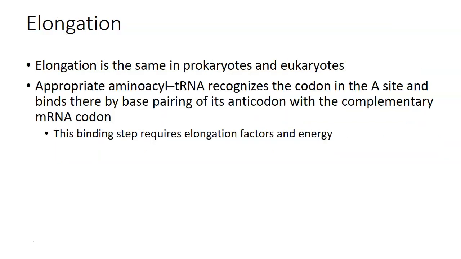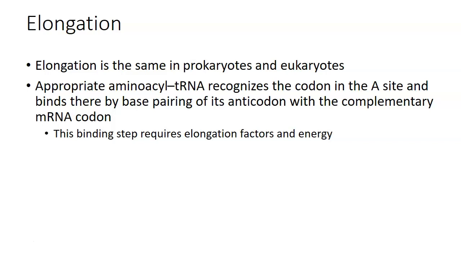After initiation comes elongation, and elongation is going to be the same in prokaryotes and eukaryotes. And so here it is in words. I'll show you a picture in just a second. So what's going to happen next is the appropriate amino acid tRNA, the one with the right anticodon, will bind to the codon in the A site.